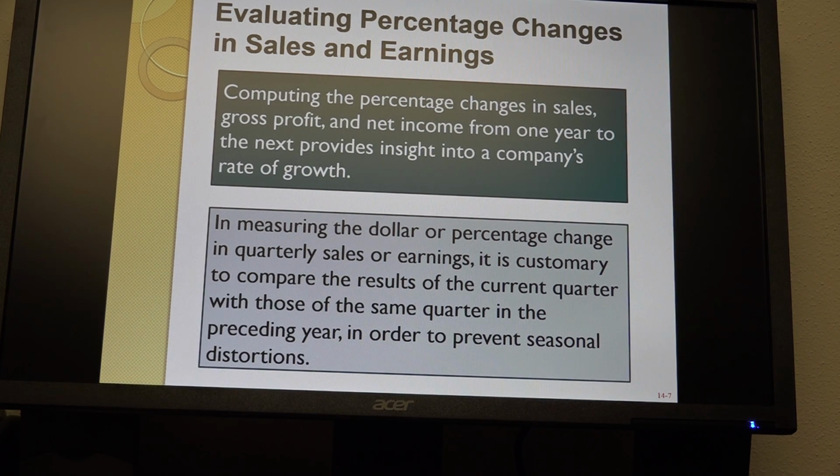So in measuring the dollar or percentage change in quarterly sales or earnings, it's customary to compare the results of the current quarter with those of the same quarter in the preceding year. So we already talked about that. And what this does is it prevents seasonal distortions.